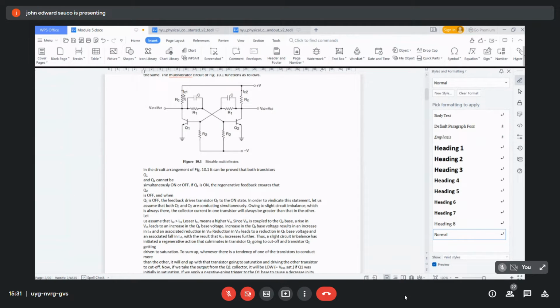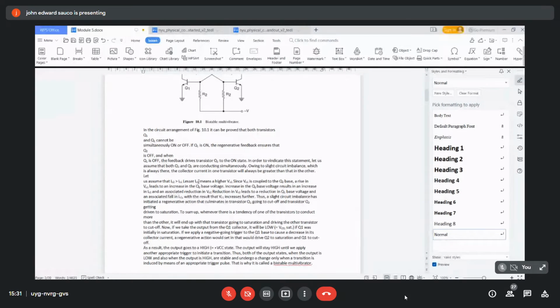With result that the VC1 increases further. So, tataas to. So, the slight circuit imbalance has initiated a regenerative action that culminates in transistor Q1 going to cut off and transistor Q2 getting driven to saturation. So, pag nag-cut off si Q1, saturated naman si Q2.